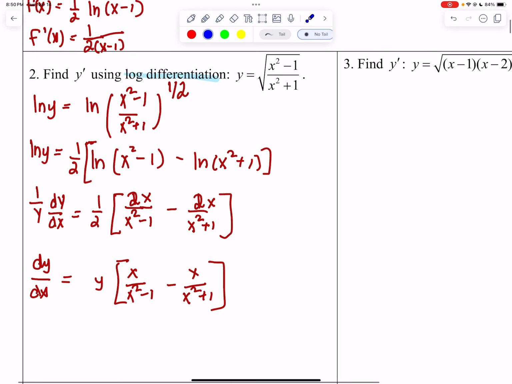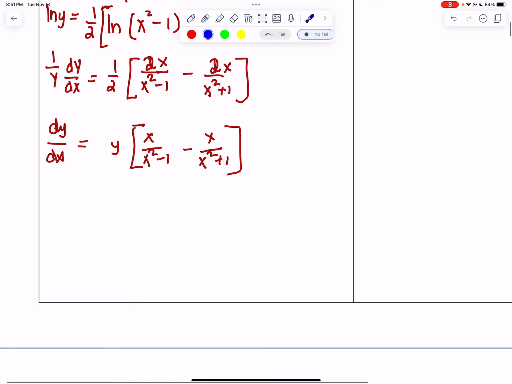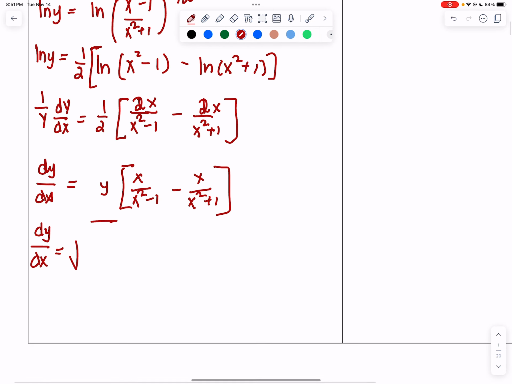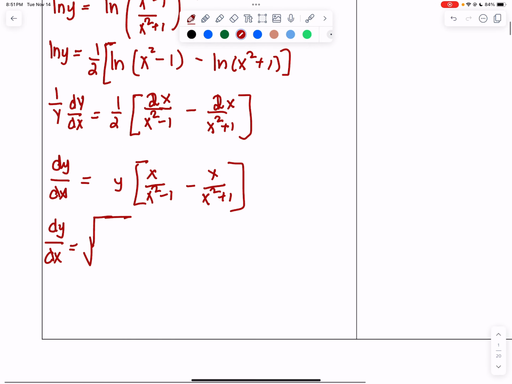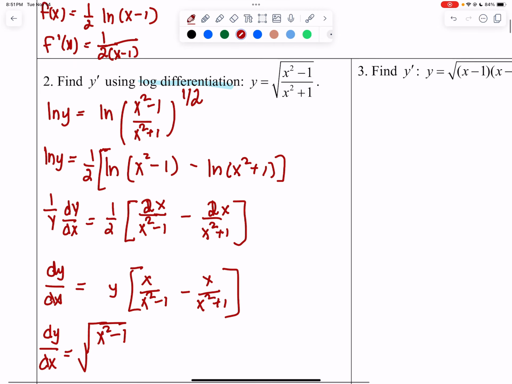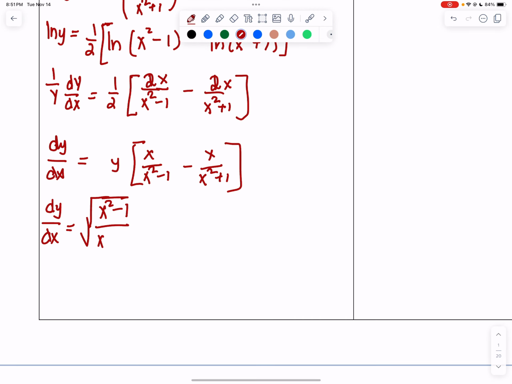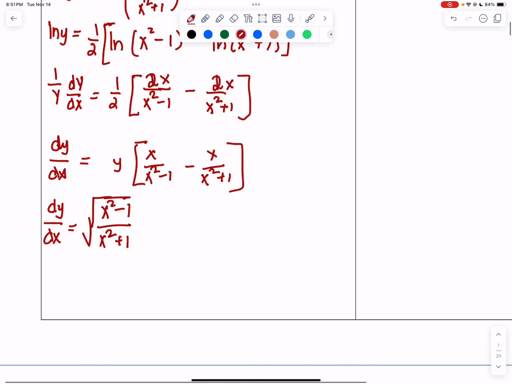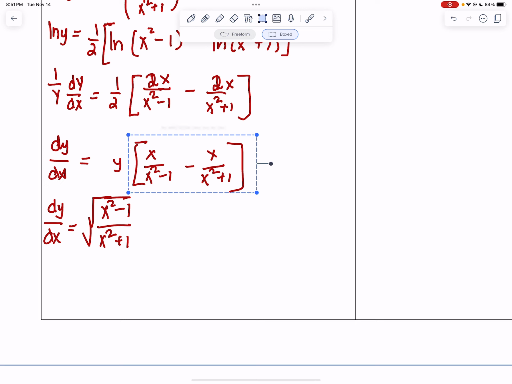Because you know what y is, you're going to have to substitute that back into your derivative, just in case on the multiple choice section you don't see a y in your answer. And if you don't, then it's because y is already solved for you, and you just substitute that back in.